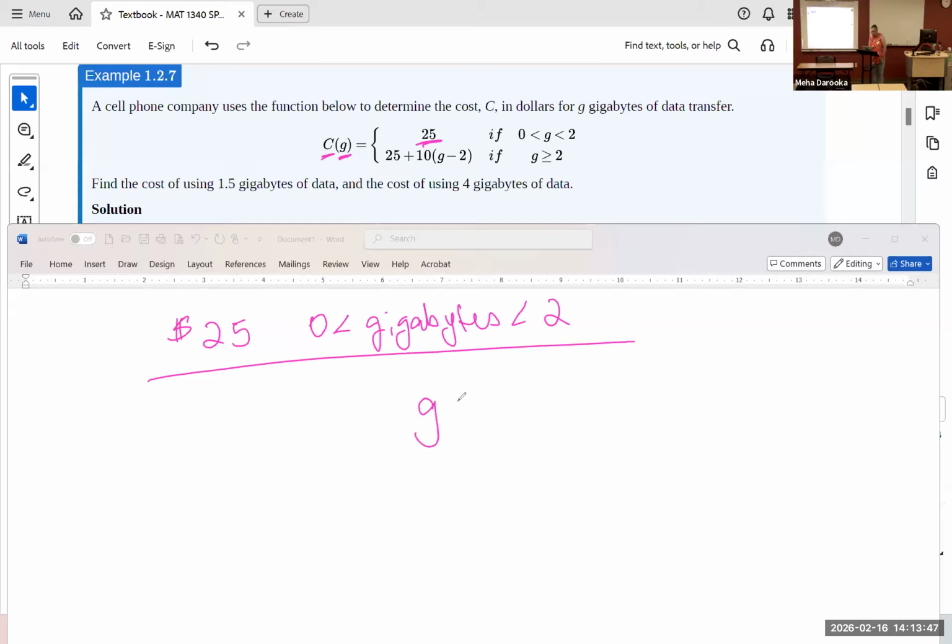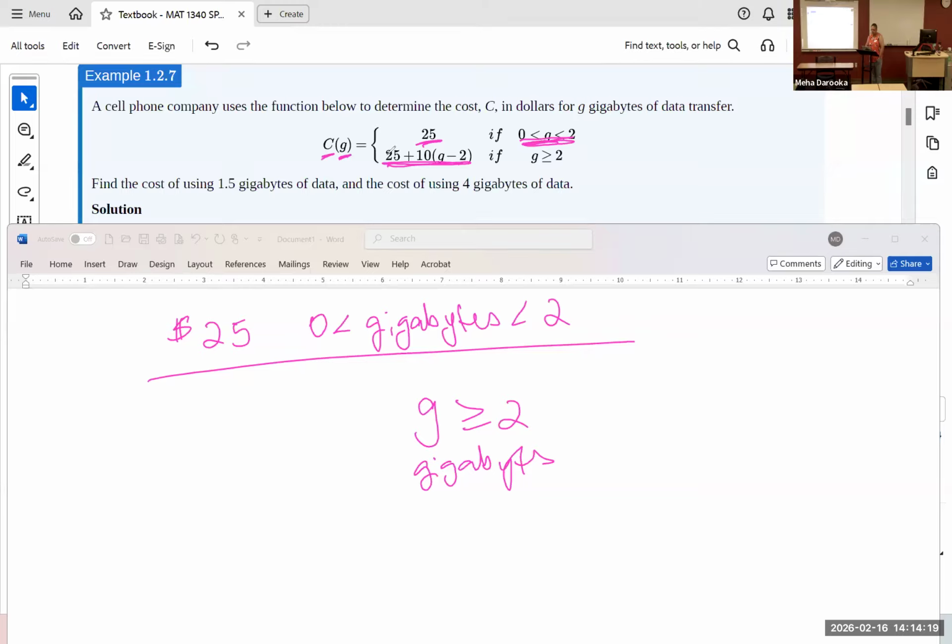However, if you are using more than 2 gigabytes, then your cost will be based on this. So you can see they are going to be charging us that fixed fee of $25, plus we will have to do G minus 2. So that's removing the initial usage, because you're already paying $25 for that first 2 gigabytes of usage, anything less than 2 gigabytes.